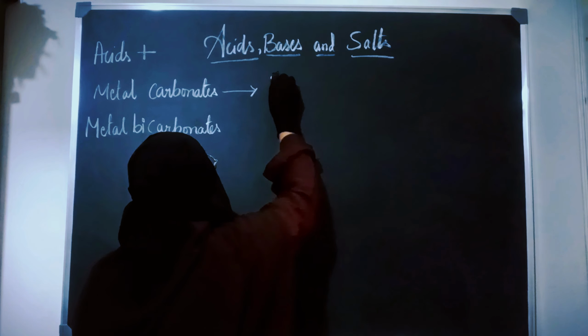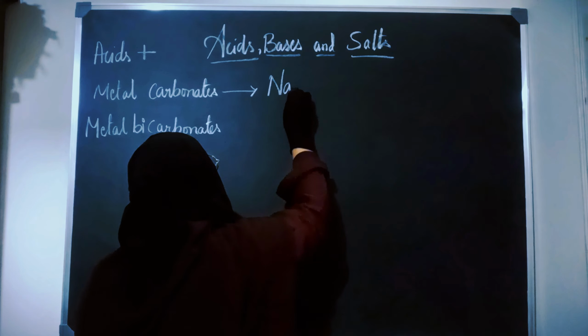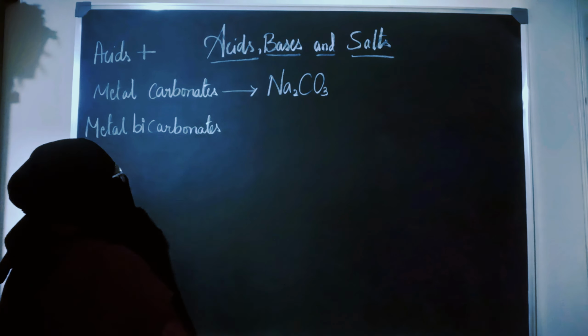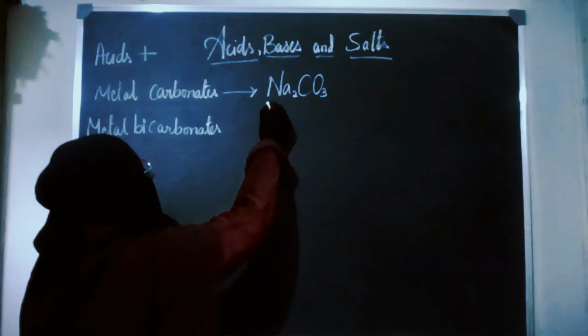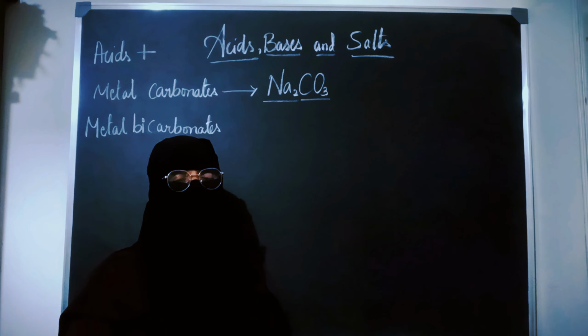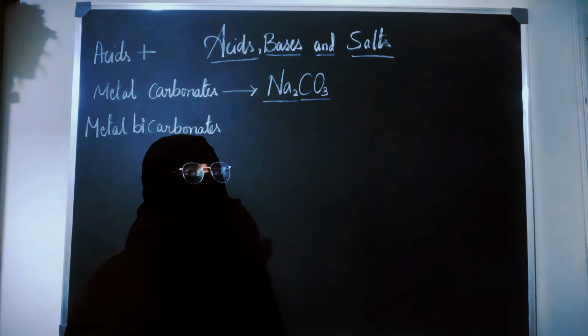So let us take an example of Na2CO3. Here I call it a metal carbonate because I know Na is a metal and carbonate is a polyatomic ion made up of 1 carbon and 3 oxygen atoms, so it will be written as CO3.